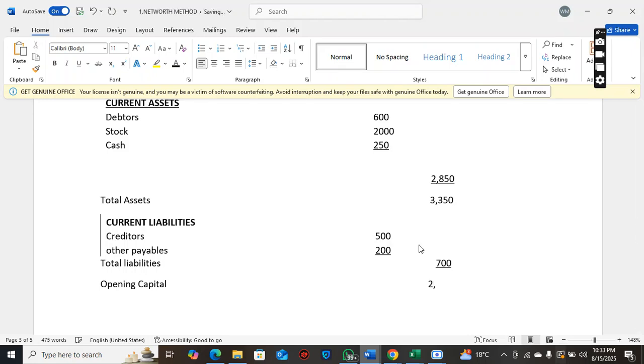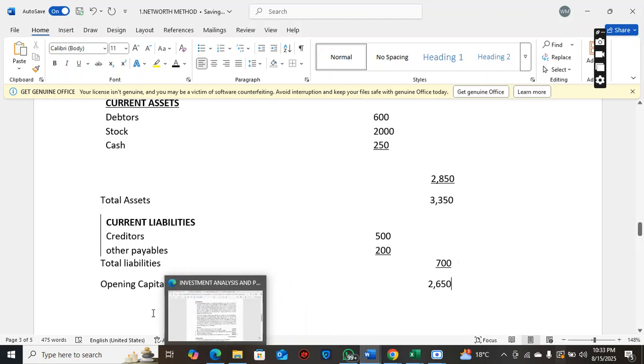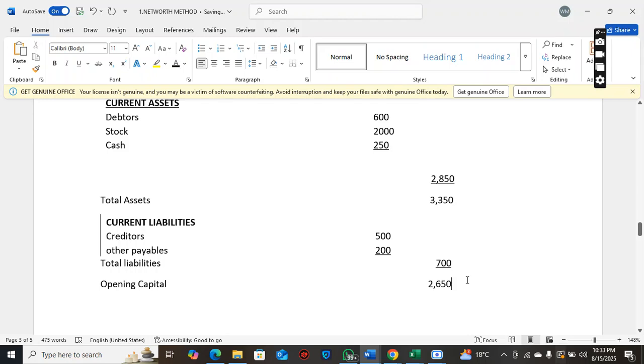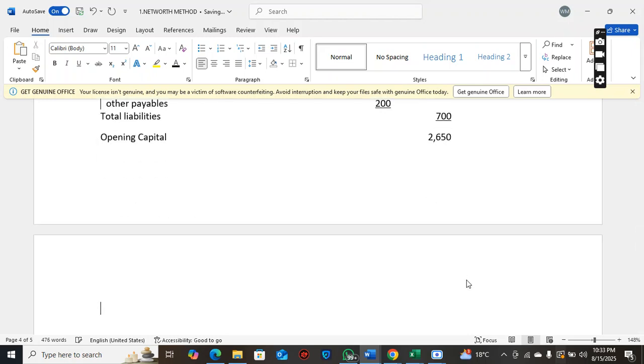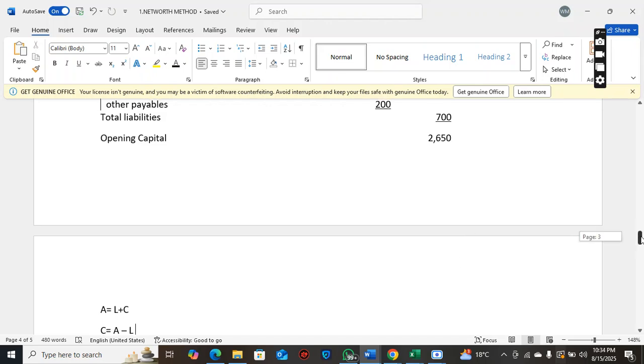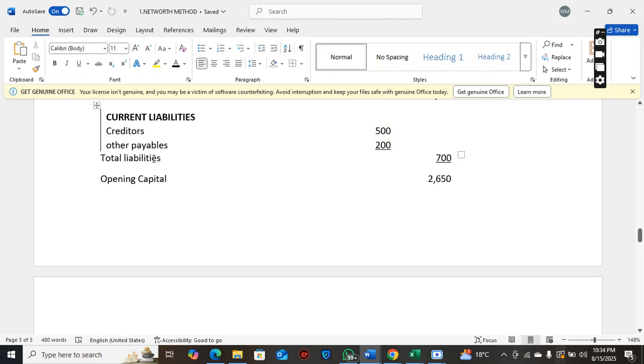Remember, as I said, for the statement of affairs, we're using the accounting equation. Assets equals liabilities plus capital. Then we make capital the subject of the formula, which is assets minus liabilities. Yes, that's the formula we're using for the statement of affairs. Any questions?